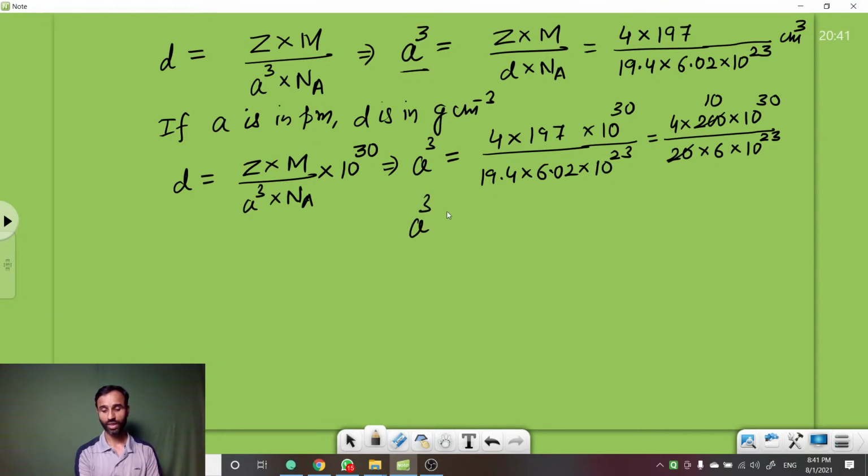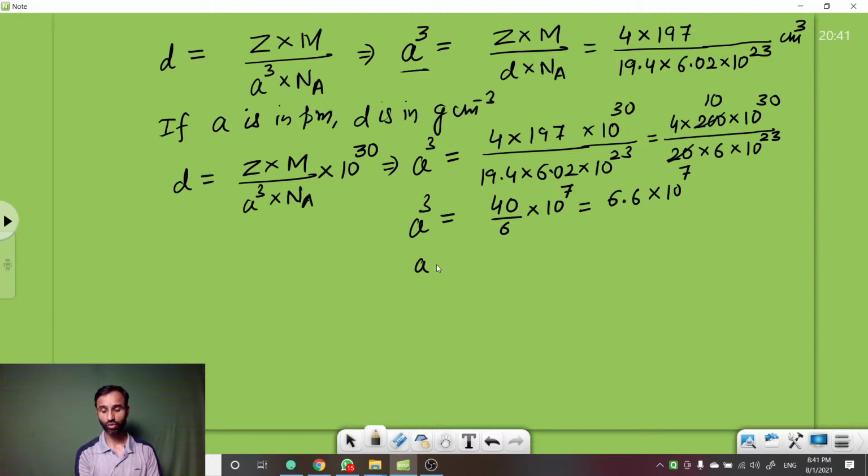So a^3 is 40 over 6 × 10^7. It comes out to be 6.6 × 10^7 around.